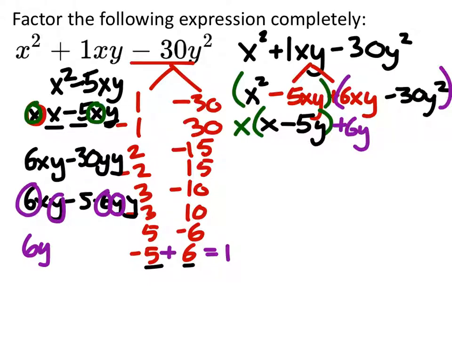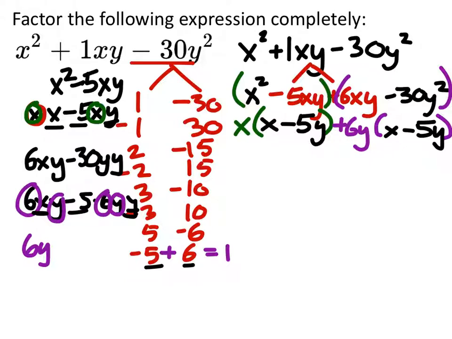And then what do I got left over? Goes in the parentheses. I got that x from my leading term there. And then I've also got the negative 5 and the y. So it's just repeating the greatest common factor stuff on that.